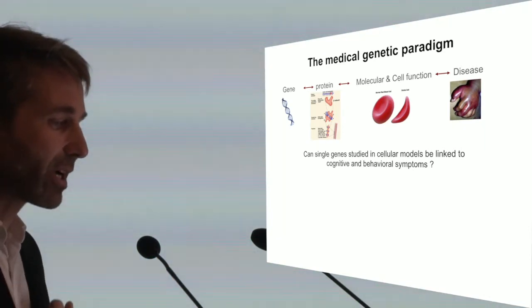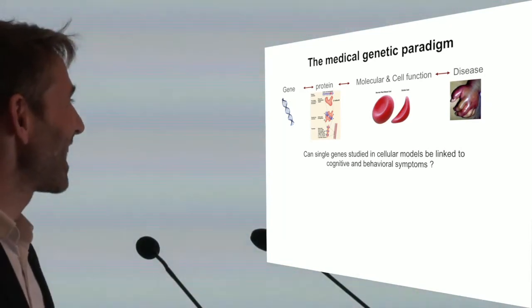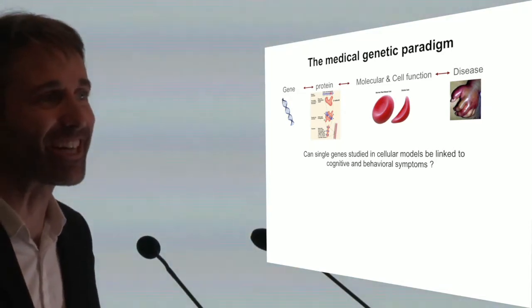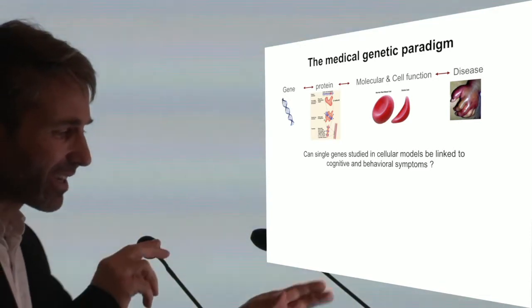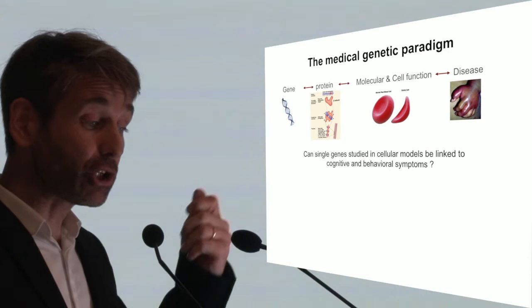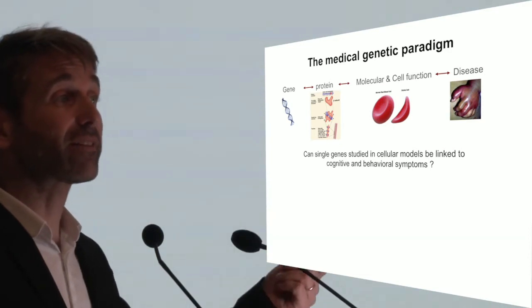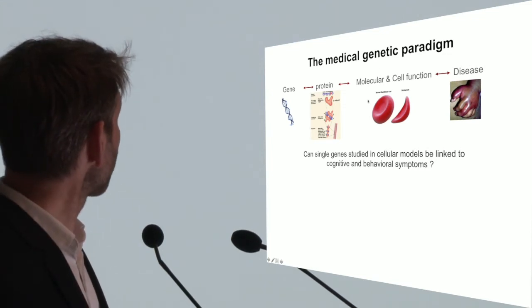So, I was trained as a medical geneticist, and I did my residency in the mid-90s, at a time where we weren't really doing genetics anyway. I mean, we didn't even have genetic tests. We were prescribing karyotypes and FISH analysis. But the huge success of genetics that we were taught really is summarized by this medical genetic paradigm.